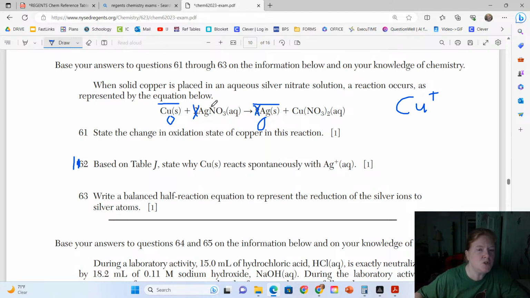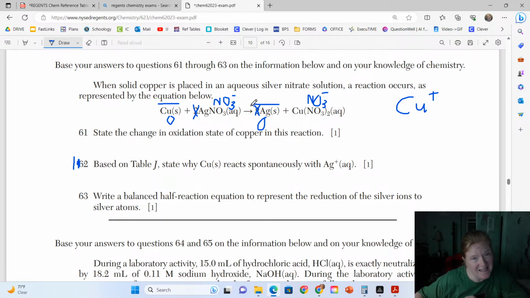Okay. Do you remember I looked up nitrate on table E before? Maybe. And it was -1, right? And I have nitrate over here. That's also -1.